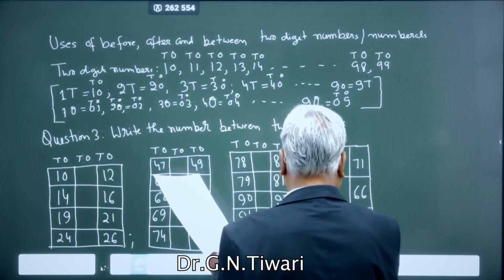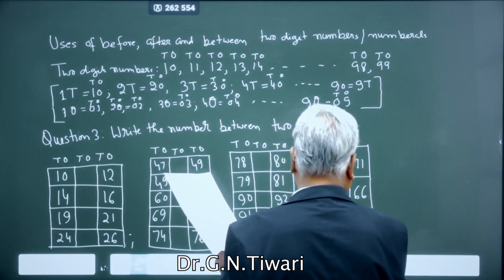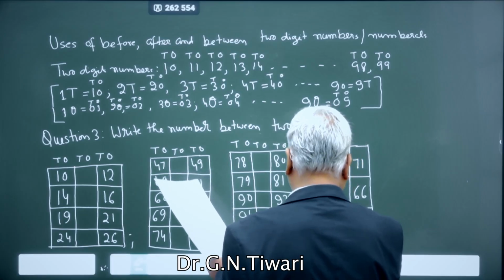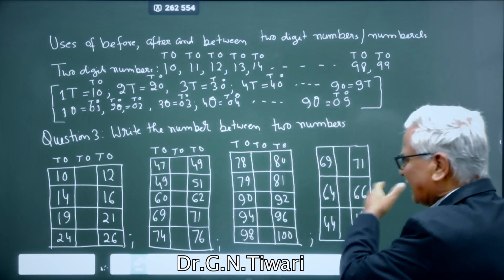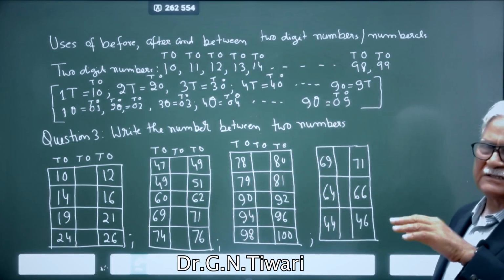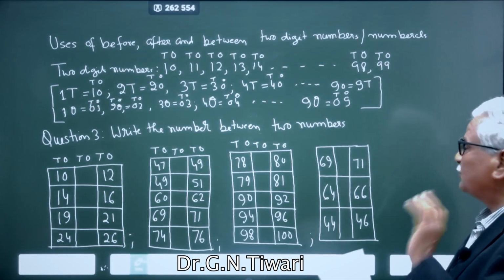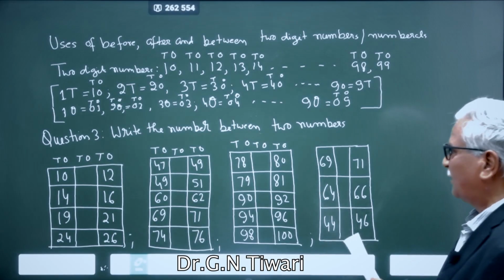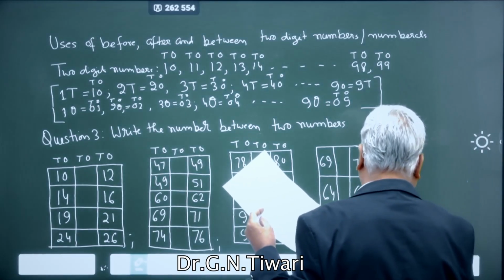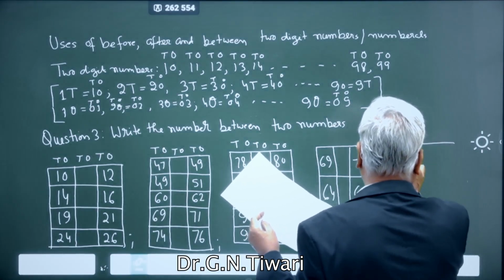And 44 and 46. Why I have taken different ones means a different question table can be made according to the question paper. So one should not stick to only one format, for example we can go for 2 also, make this one.